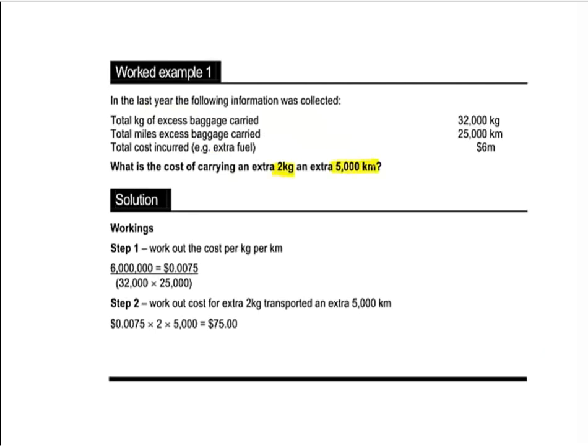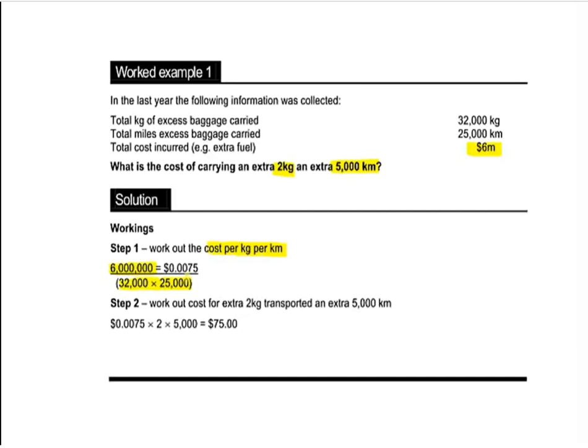In worked example 1 then, we're going to be working out the cost of carrying an extra 2 kilograms for 5,000 kilometres. There are $6 million of extra costs for excess baggage, so for example extra fuel, and this excess baggage has been carried for 25,000 kilometres and there's 32,000 kilograms of it. We're going to work out a composite cost unit, so a cost per kilogram per kilometre. So we need to share our $6 million of costs between our 32,000 kilograms and 25,000 kilometres.